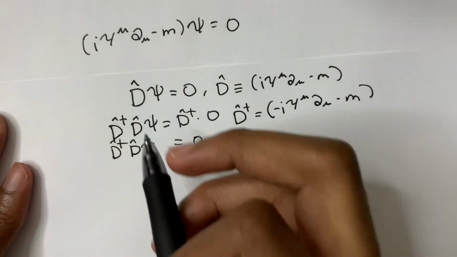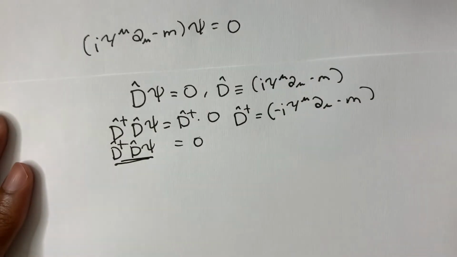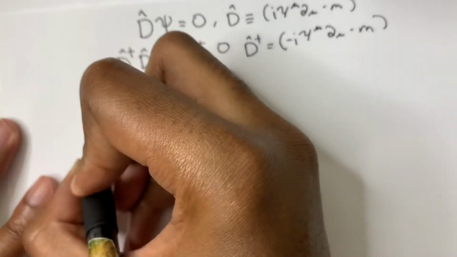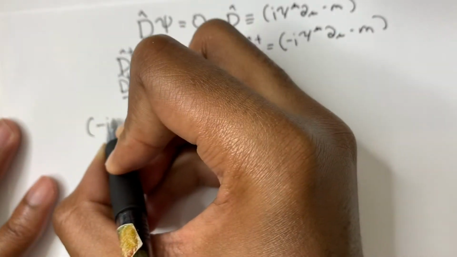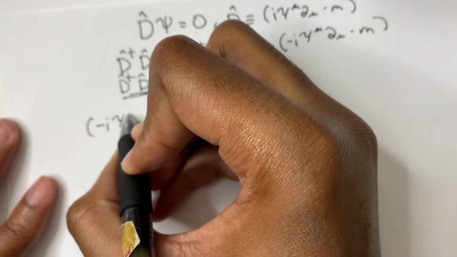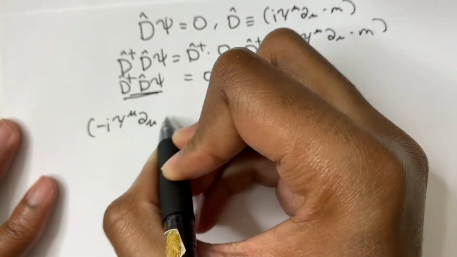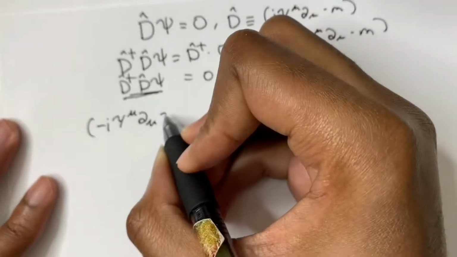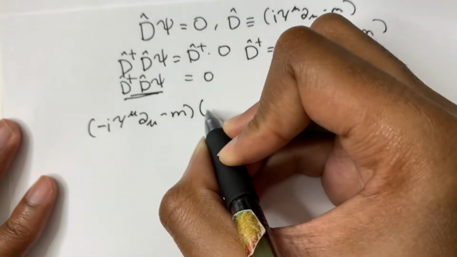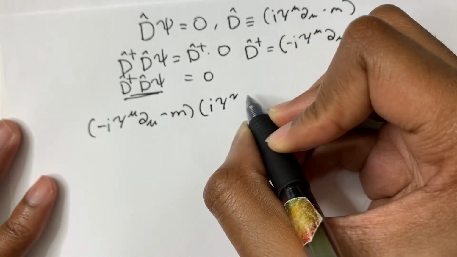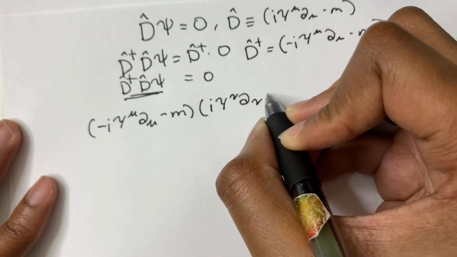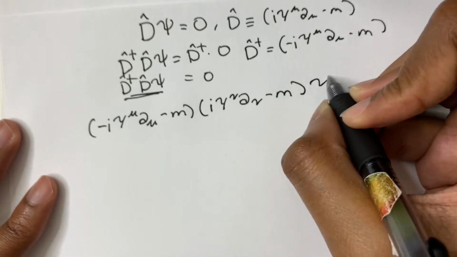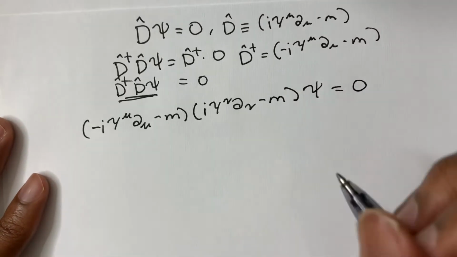So let's find out what this term evaluates to. We have (−iγ^ν ∂_ν − m) times (iγ^μ ∂_μ − m) ψ equals 0.